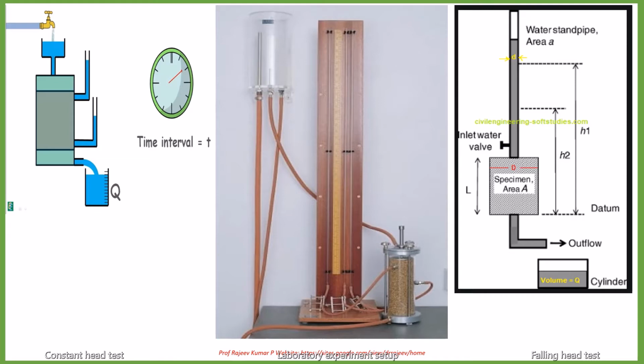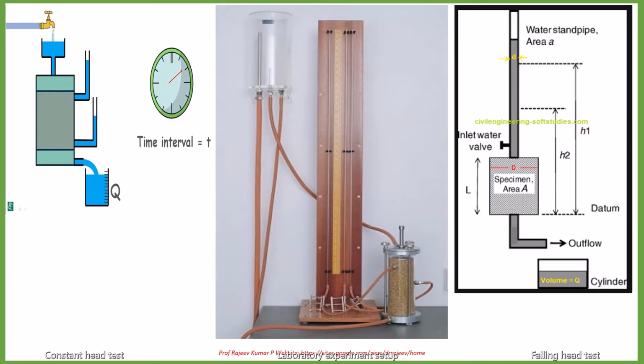This photograph shows you the laboratory experimental setup. This is useful for constant head permeability test as well as falling head permeability test. There is a glass chamber here, a perspex cylinder, which is kept over here. This is filled with water for constant head permeability test, and the required parameters are noted down or observed.